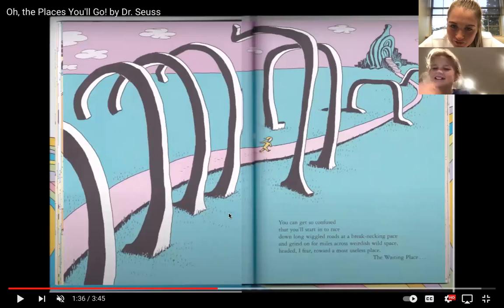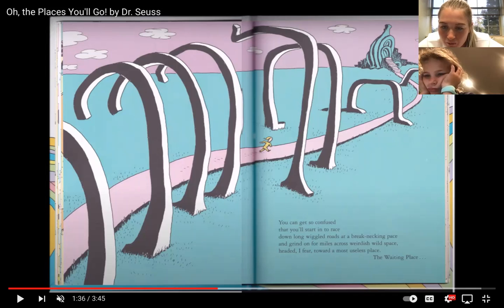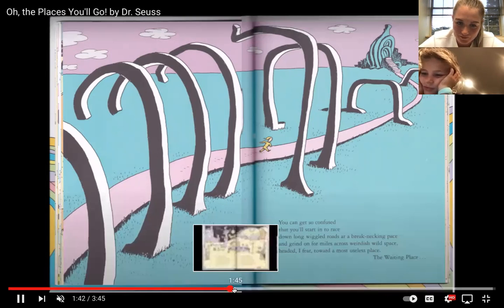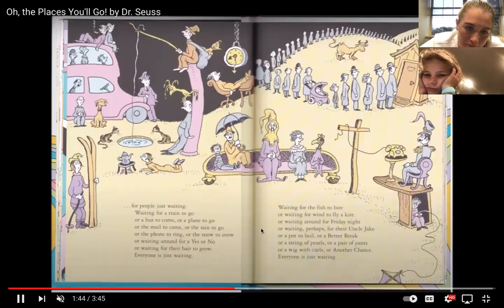You can get so confused that you'll start in to race down long wiggled roads at a break-necking pace, and grind on for miles across weirdest wild space, headed, I fear, toward a most useless place: the Waiting Place. For people just waiting.